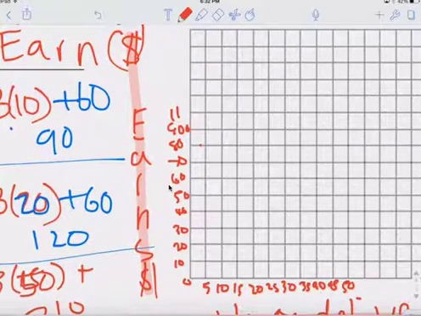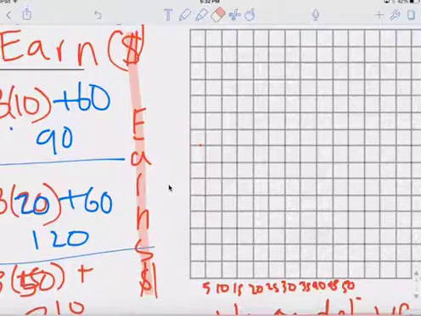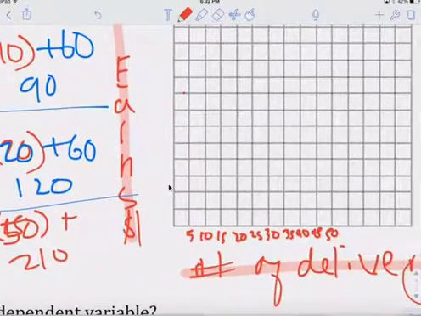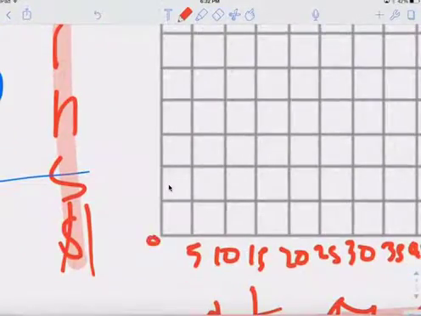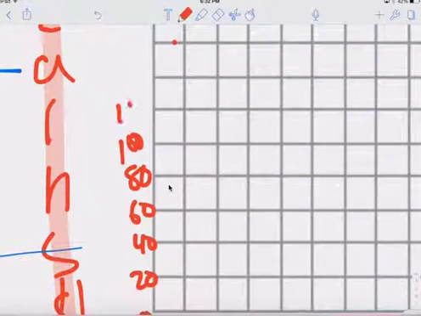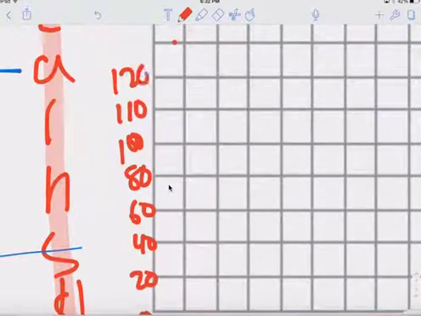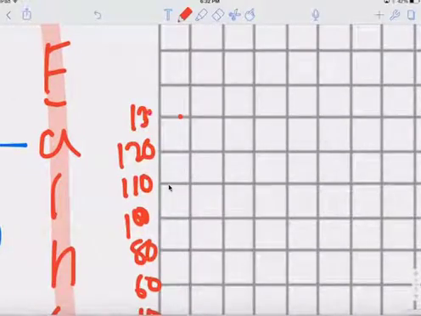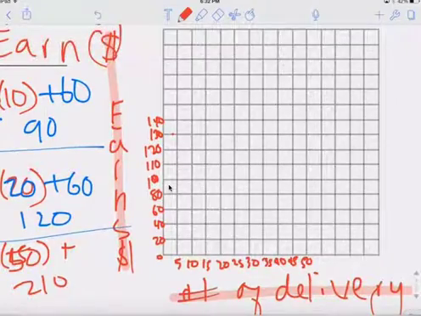It's 210. It won't fit. Oh, go about 20. Count it wrong the first time. Erase, okay? 0, 20, 40, 60, 80, 100, 110, 120, 130, 140. Oh no, I did it wrong.